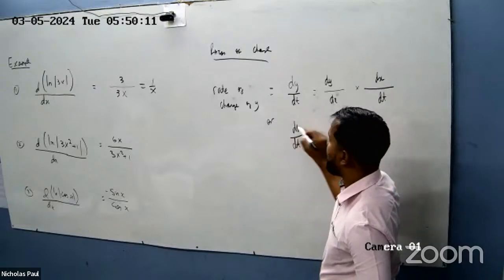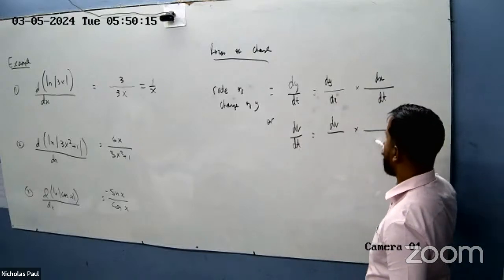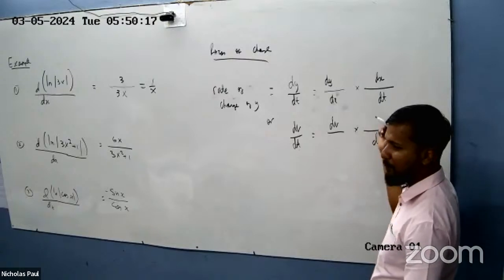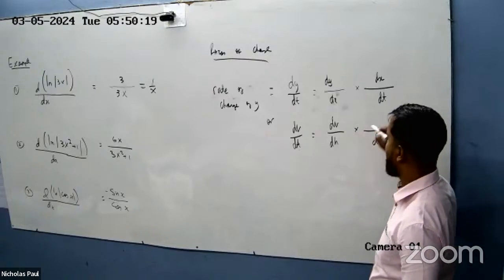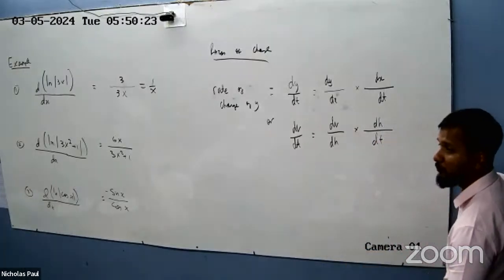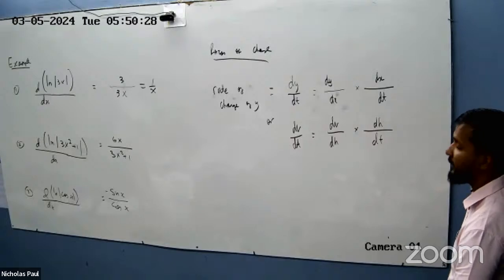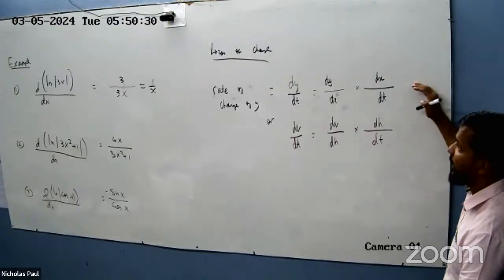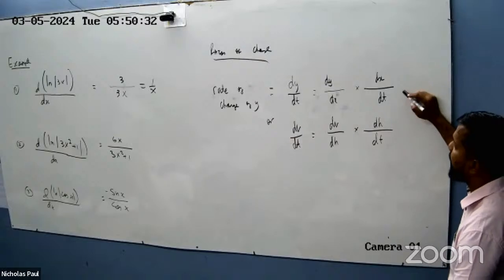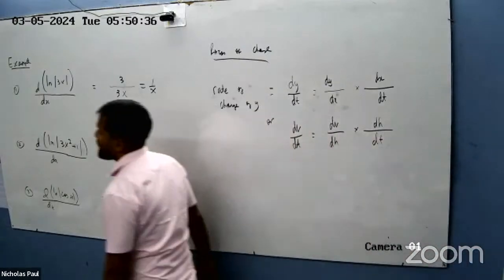If you had the rate of change of volume, here would be dV, here would be dt, and sometimes height, so you put dh here, dh there. So for rates of change we use the chain rule to find any unknown things. Let's do a few now.